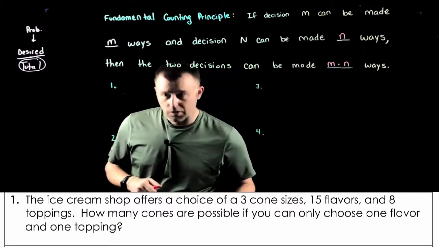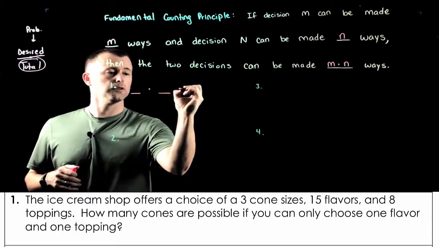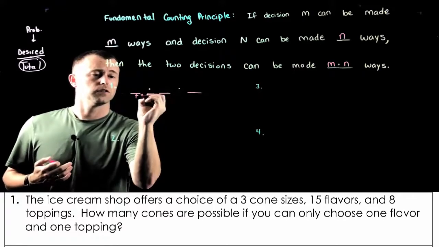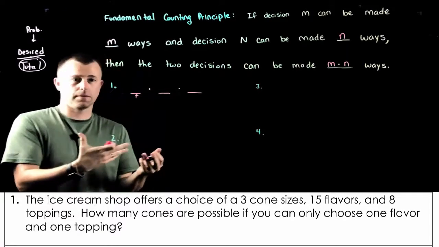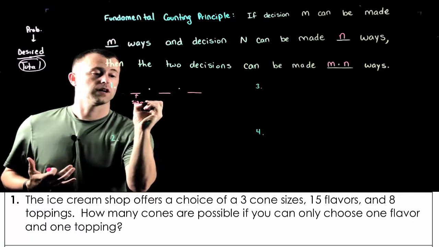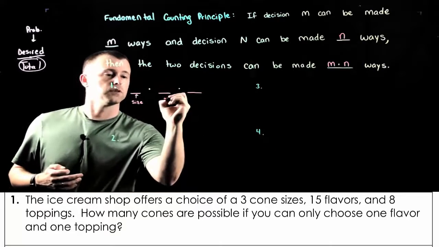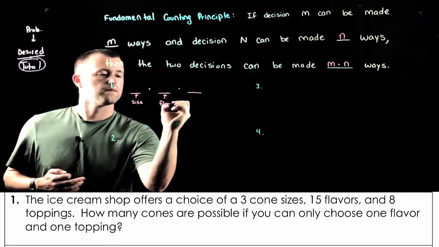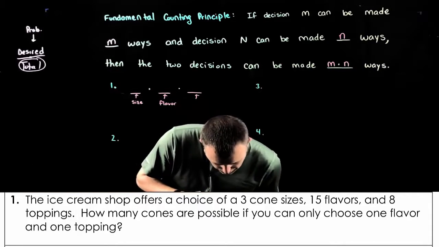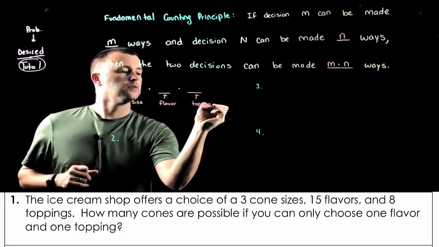We're going to take our 3 possibilities and multiply them together. I think of it as every decision you make. The first decision is how big you want this cone to be, so I'm going with size first. The second is the flavor, so I pick a flavor. And the third option is the toppings.